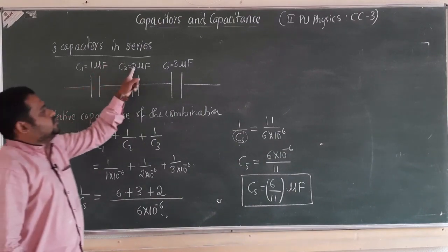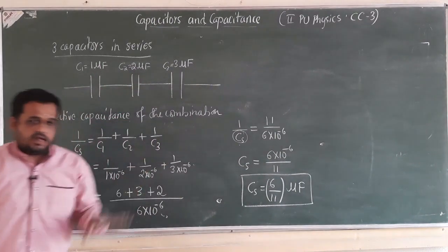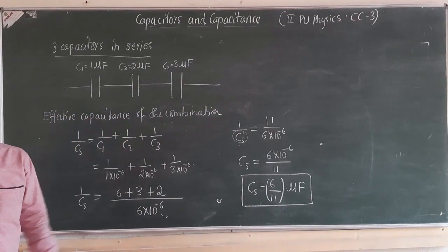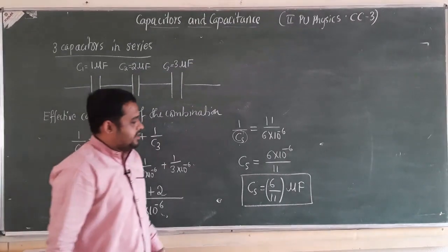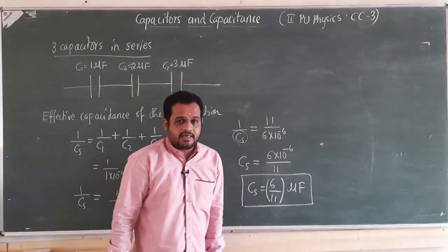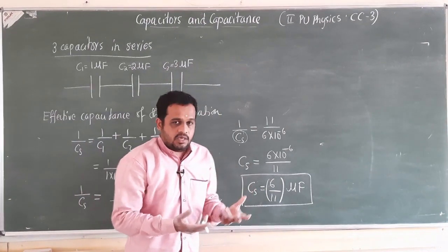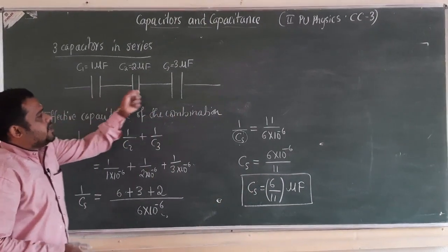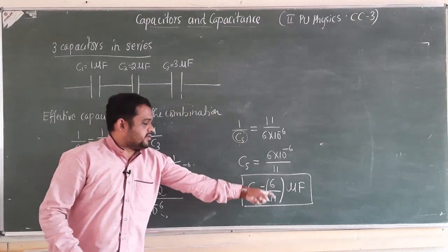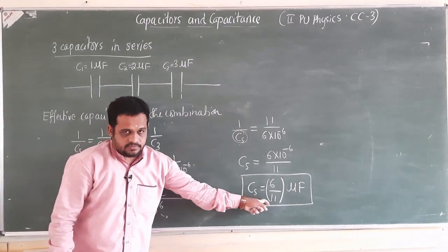Now, if 1, 2, 3 are the standard values of capacitors, and in a circuit you want to connect a 6 by 11 microfarad capacitor, then what we can do is connect these 3 capacitors in series instead of connecting this single capacitor.